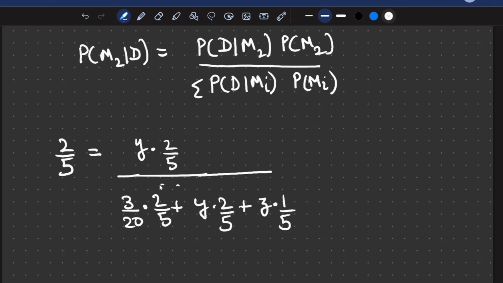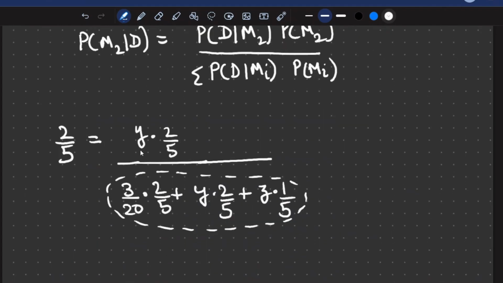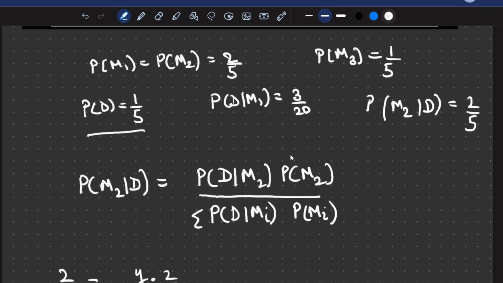Or better, can't we write it as probability of defective itself, which is given to us, right? The probability of defective is given to us, which is equal to 1 by 5. This whole thing would be 1 by 5 itself, right? Because this whole denominator, from the total probability theorem, would be equal to probability of defective.